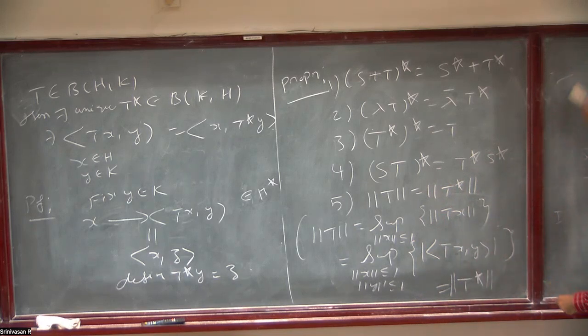Finally, we have something called the C star identity for operators. And if you have any doubt or any problem, or if you find a mistake, you stop me.